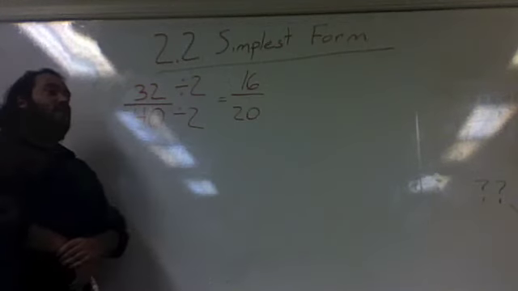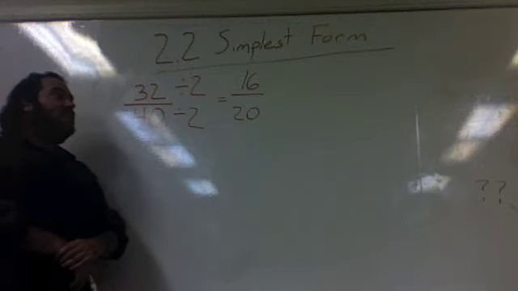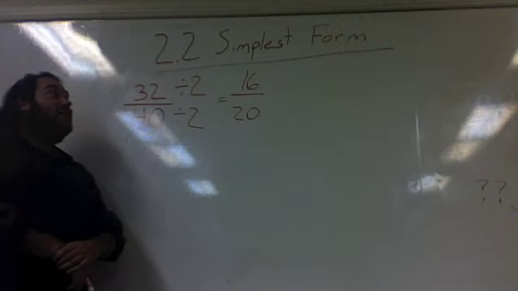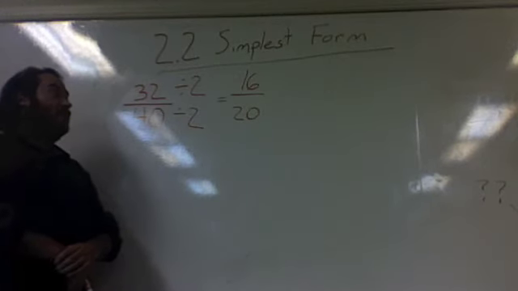Now, even though I found a number that's closer to simplest form, 16/20 still is not in simplest form. I can still see at least one number that I can divide both 16 and 20 by. I know that both of those numbers have 4 as a factor.